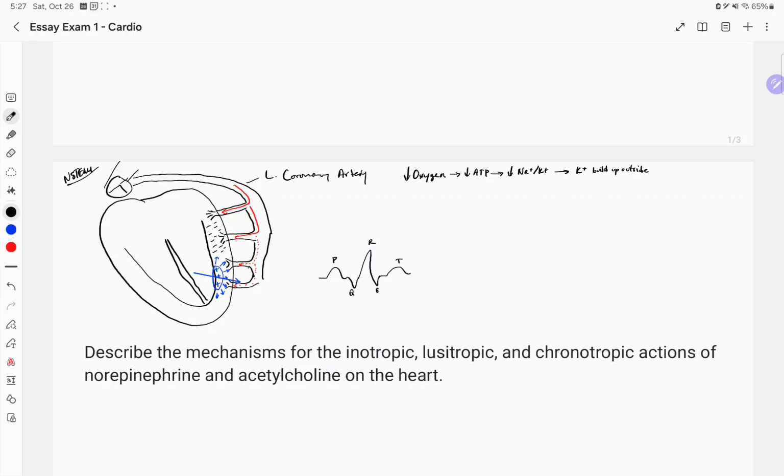So this is known as the, what is it? Background current of injury. That's this area here with all these cells that are not depolarizing.